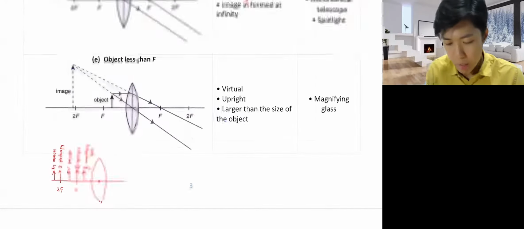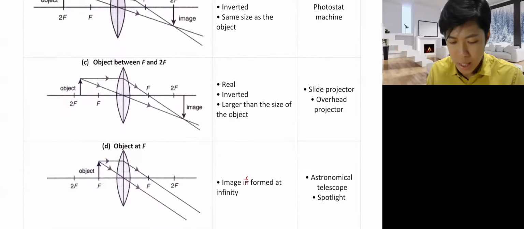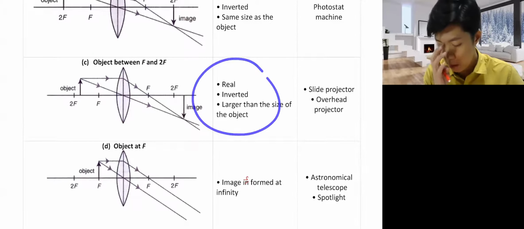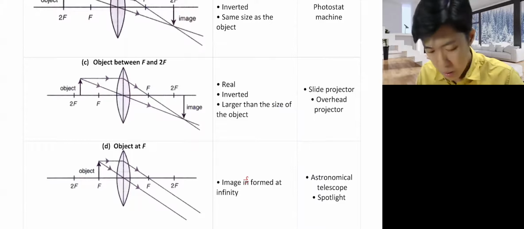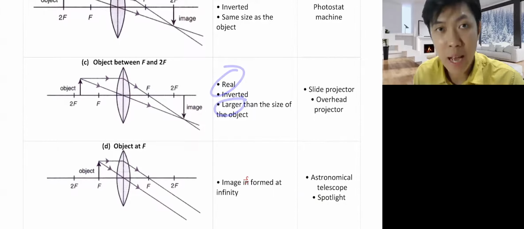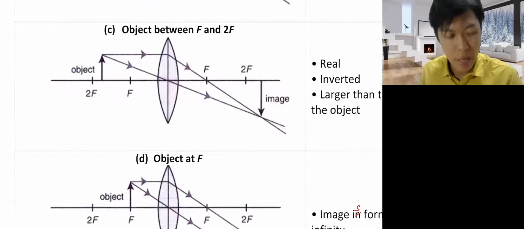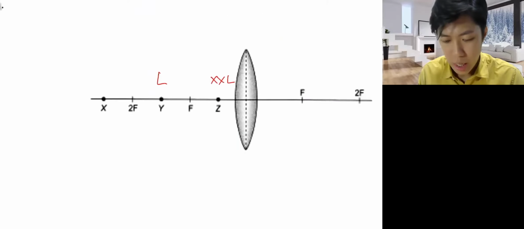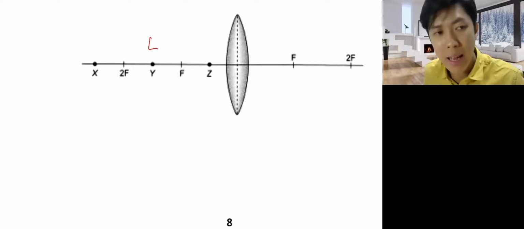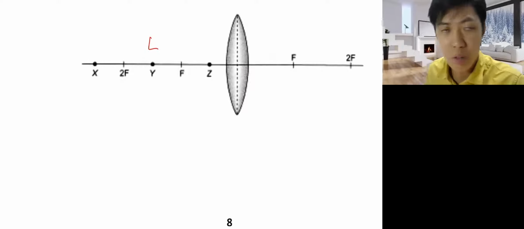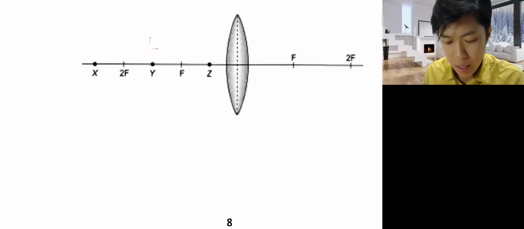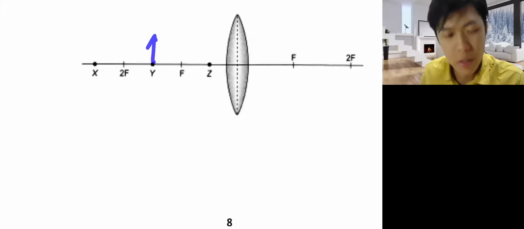Real and magnified, larger, so it is between 2F and F. Therefore, Z will be out. So now your answer is at Y.